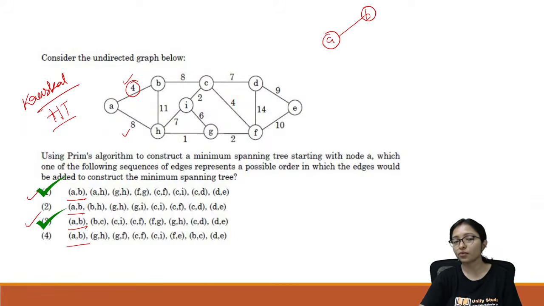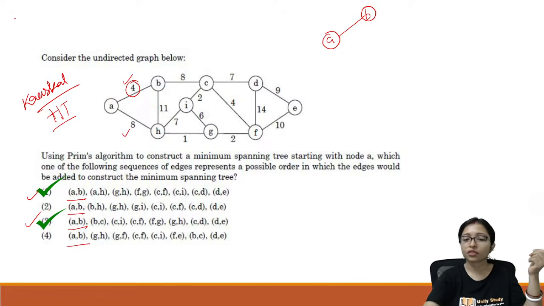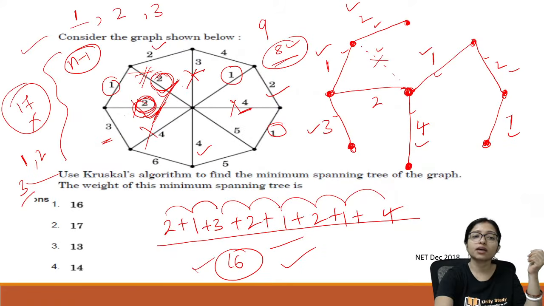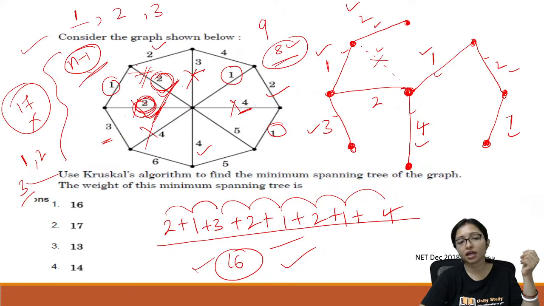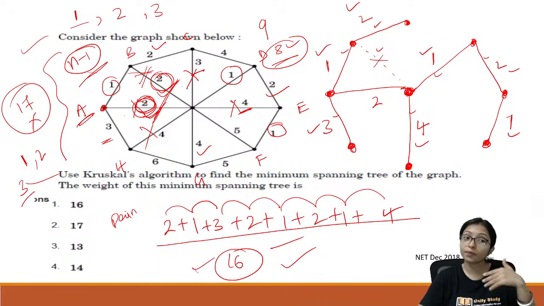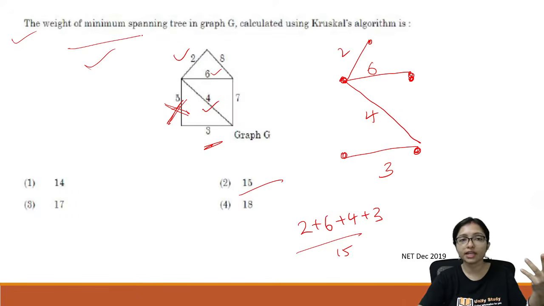And the previous one, whatever we did in Kruskal, do that same question in Prim's. Start with A and check with Prim's how it is done. This is the way. If you practice, then only your concept will be clear.